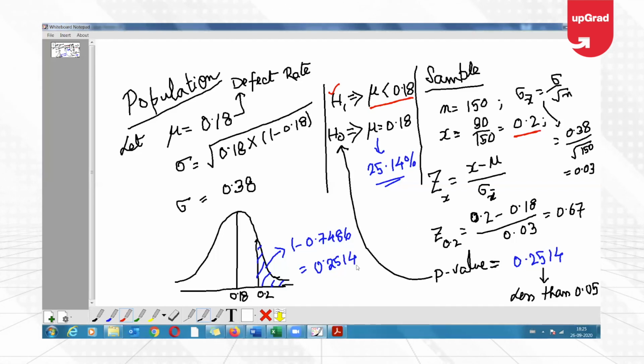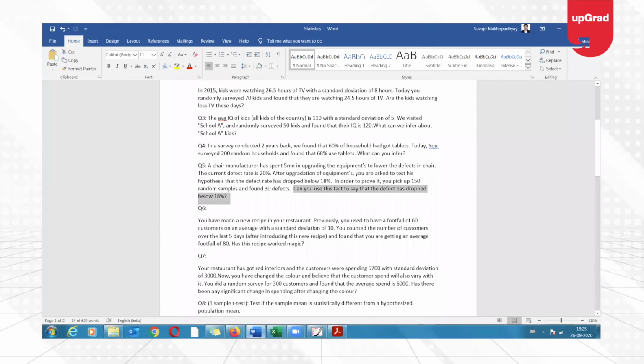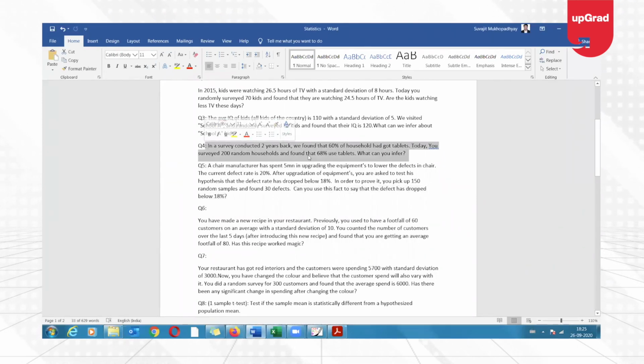So let's get back to the previous problems once. Like in this problem, my observation is that 68% now is using tablet out of 200 random households, and previously it was 60%. So it's evident that it has increased.